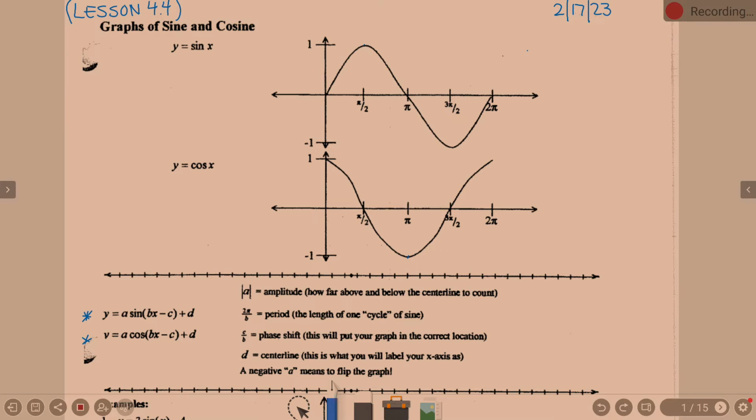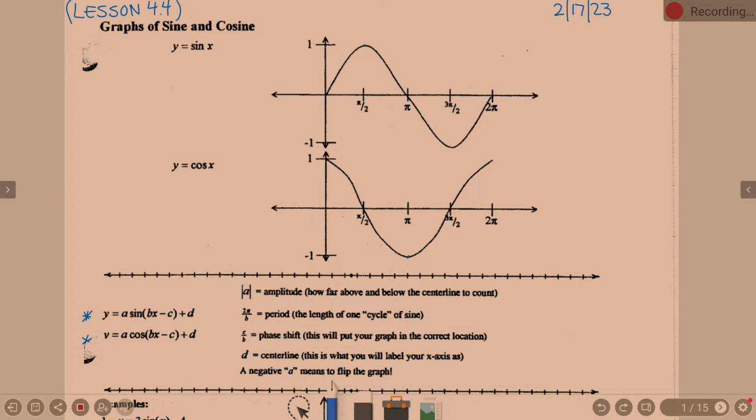And then D, what we call this is our center line, but notice this plus D is outside at the end being added, right? It's really how far up and down your graph translates, right? Now, with that in mind, it's a lot more difficult to draw this graph if we are going to move it down or move it up.